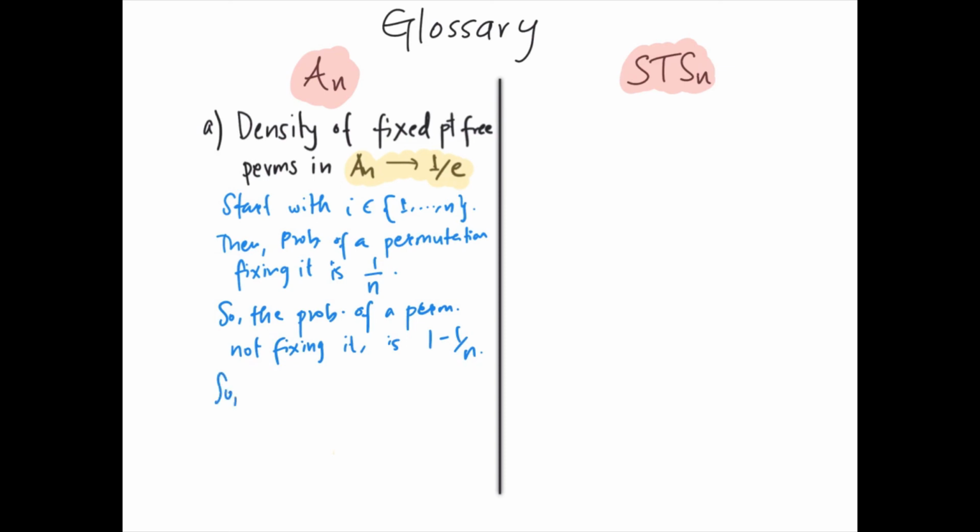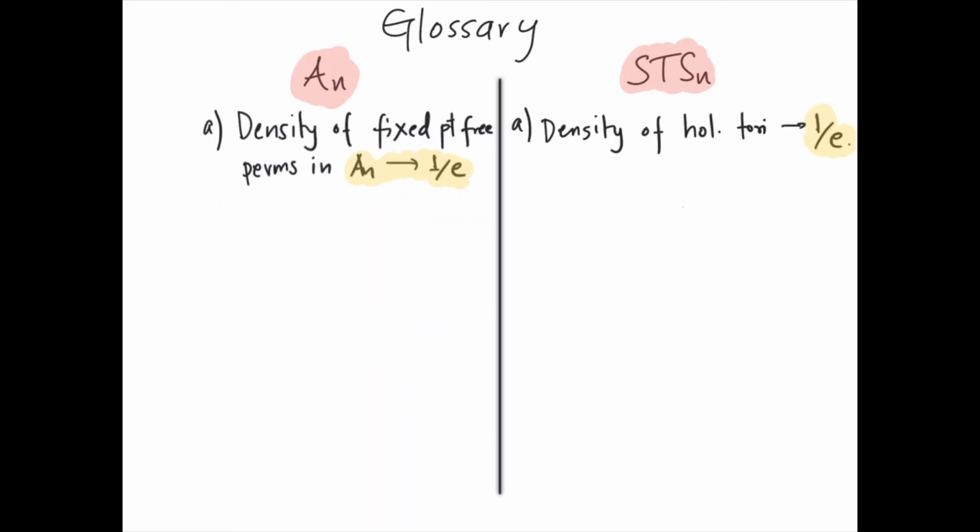So the density of fixed point free permutations should be 1 minus 1 over n for each of the letters 1 through n, and this converges to 1 over e just by calculus. So that's pretty straightforward. What this means for square-tiled surfaces is that the density of holonomy tori converges to 1 over e, and that's because of the holonomy characterization lemma that we had earlier.